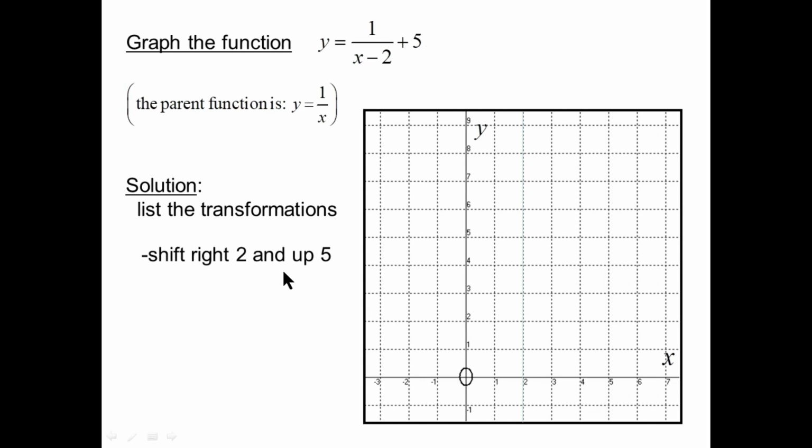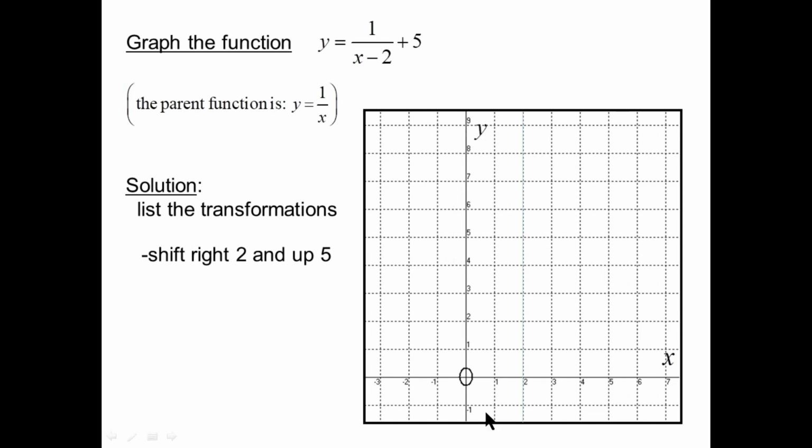So what we do is we recall the appearance of the parent, which is y equals 1 over x. And we recall that it had asymptotes at the axes. So the first thing we need to do is shift the asymptotes. We have to shift the asymptotes to the right 2 and up 5.